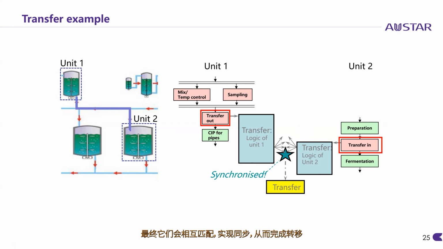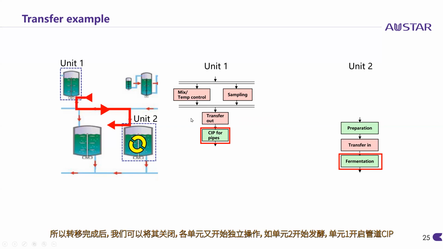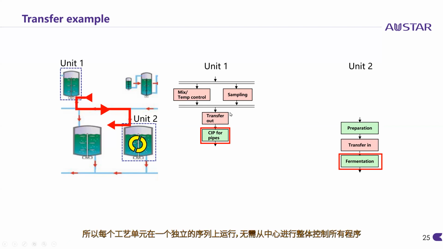When it is done, we can switch it off, and each unit again goes a separate way: unit 2 is going to fermentation, so it's fermenting, while unit 1 has activated cleaning for the pipes. So with this mechanism, we can run independent sequences for all units and only synchronize, and we don't need a full overall program to control everything from a central place.